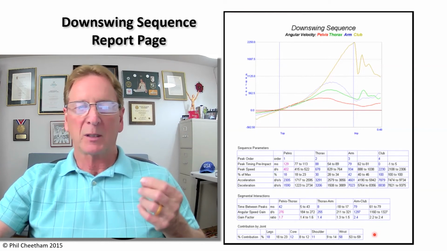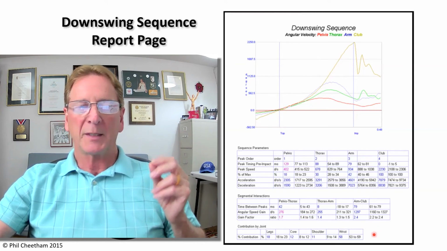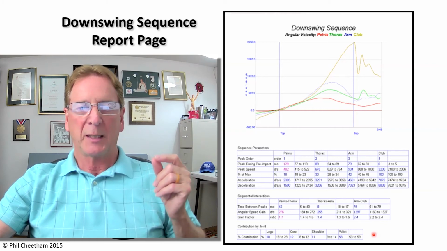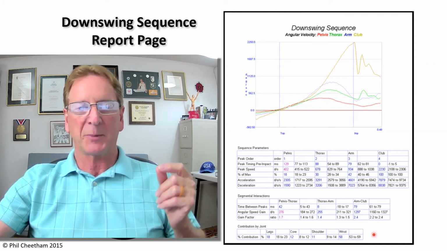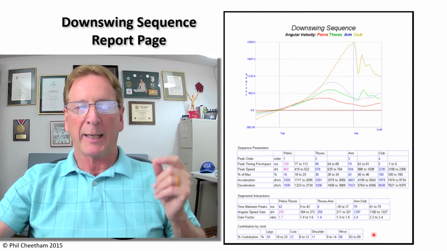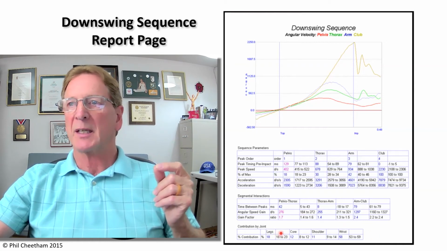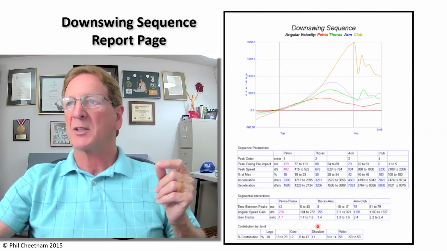And then we even took it a little bit further, and we distilled it down to contribution in speed, or contribution in percentage of speed by each joint. So we can see how much did the legs give us, how much did the core give us, how much did the shoulder give us, and how much did the wrist give us in terms of speed measurement.